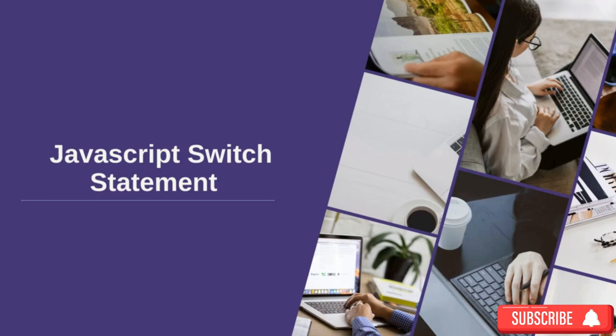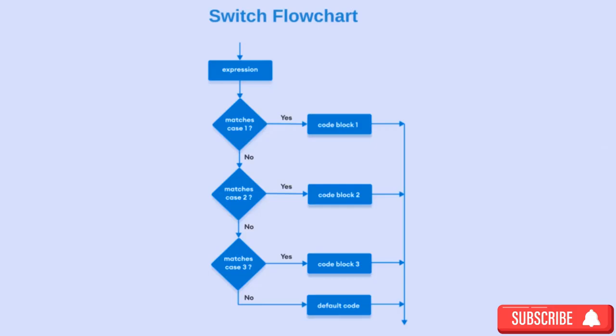In this video of JavaScript, we are going to start the switch statement. As in the previous video, we noticed that if we pass multiple conditions using an if statement, each condition is checked one by one, only if the previous conditions were false. But if I talk about the switch statement, here things are quite different.